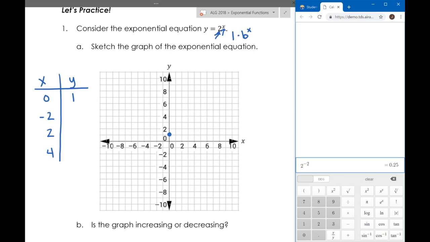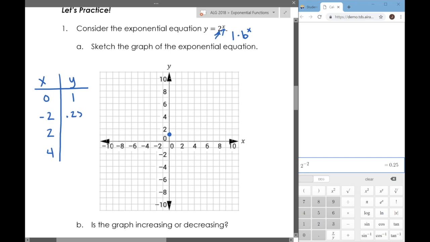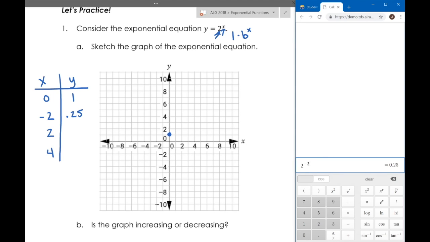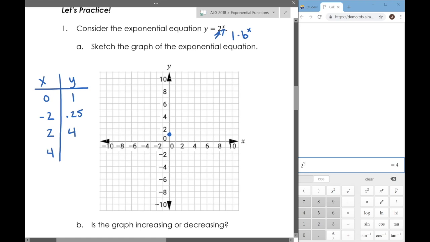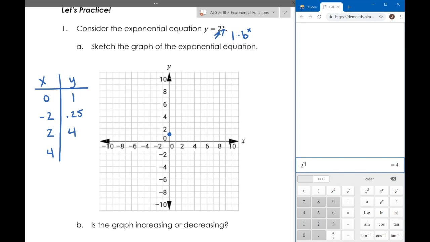And that answer is 0.25. Okay. So I'm going to go back to the calculator and erase the -2 and put a +2. So when I put a +2, it changes to a 4. And last but not least, we're going to change that last number to a 4. So I'm going to erase the 2 and change it to a 4. Now I'm at 16.